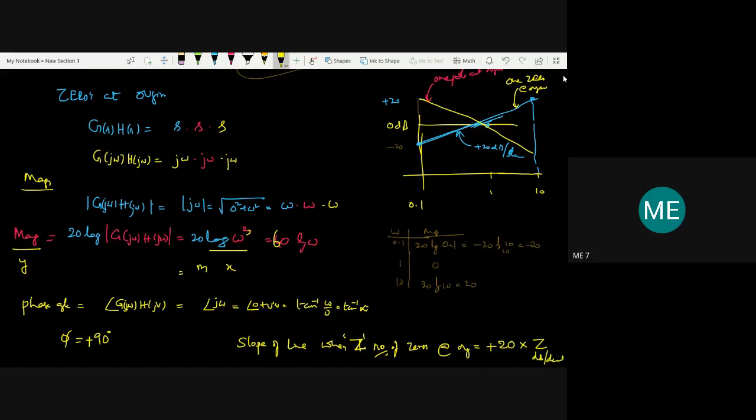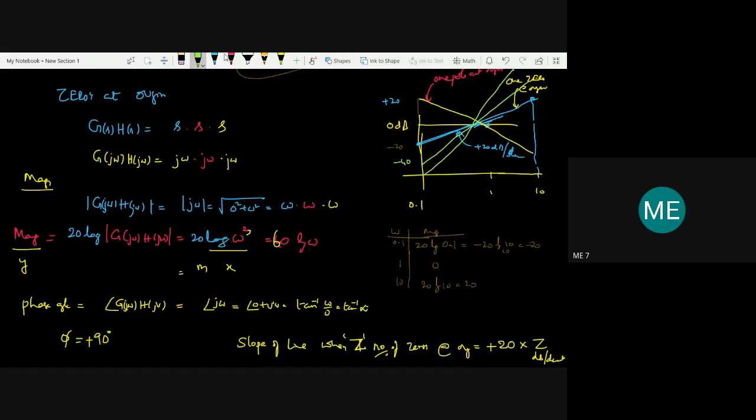This is the slope of the line. If I have minus 20, this is the slope line for one pole at origin, and for two poles at origin I have to show the slope like this. Then for 3 it is minus 60 onwards, it goes like this.